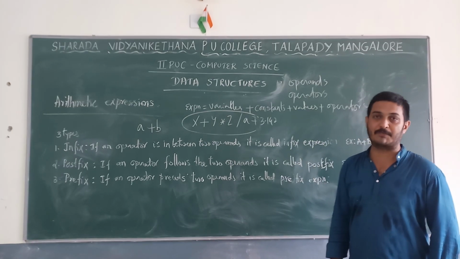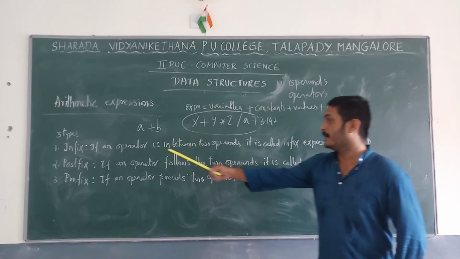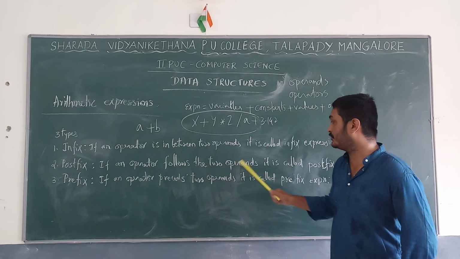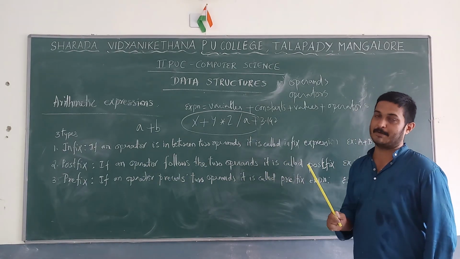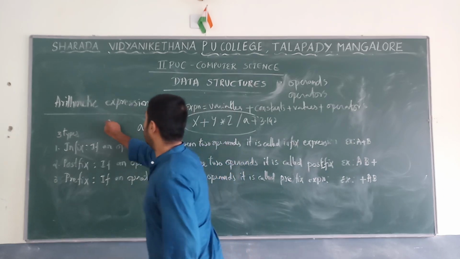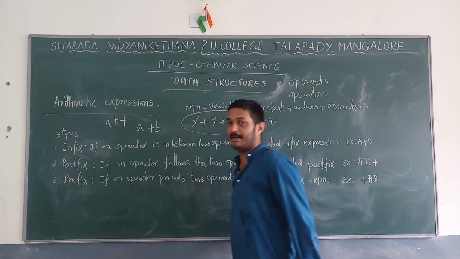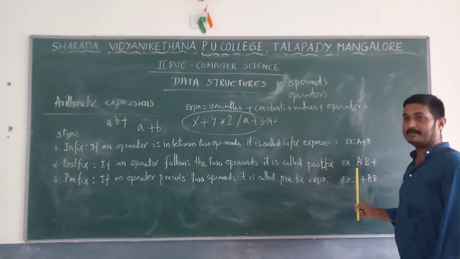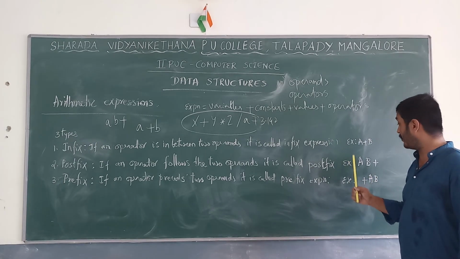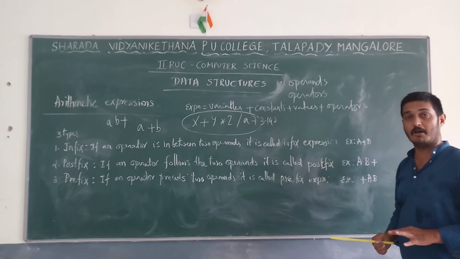So what do you mean by postfix? If an operator follows two operands, it is called a postfix expression. That means AB plus. The operator may be uppercase or lowercase, not a problem.